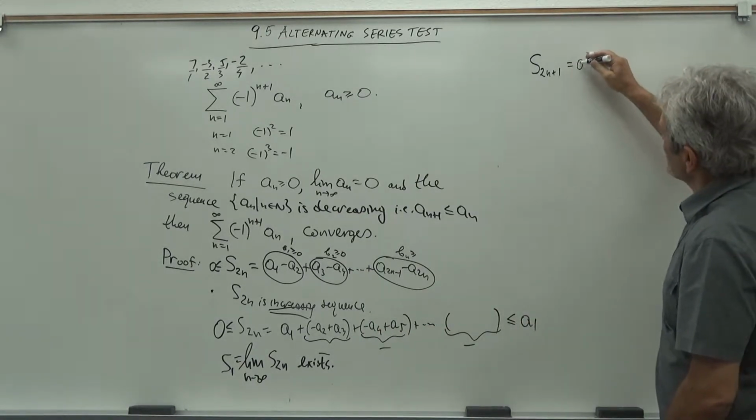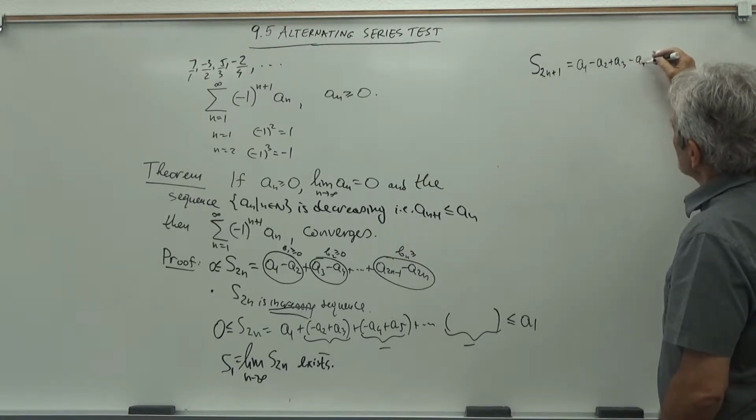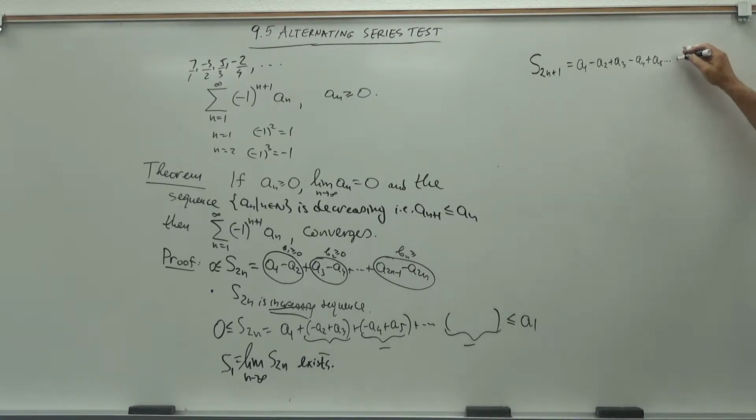So it will be A1 minus A2 plus A3 minus A4 plus A5 minus, the last one on the minus will be minus A2n, and plus A2n plus 1.